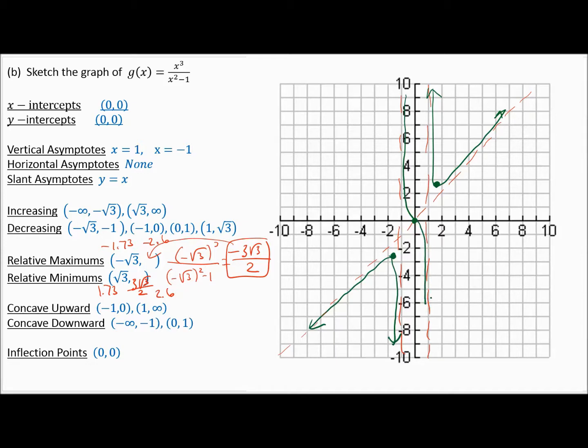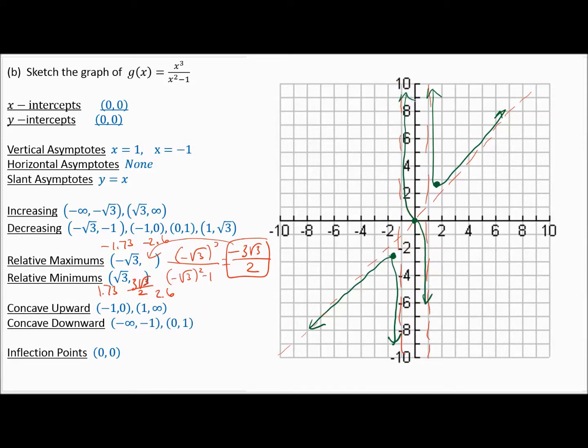What about concavity? Does that match? In my graph, I'm concave upward between negative 1 and 0, and that's what we've got. On the other hand, there's an inflection point, so it changes concavity. It whips around. Now it's concave downward between 0 and 1. All right, and put arrows on the ends.